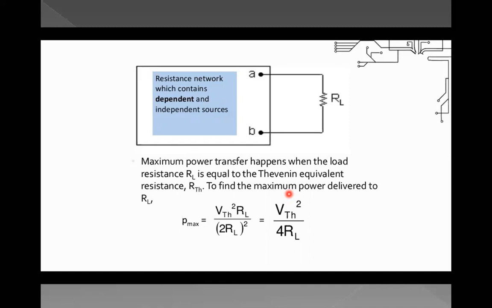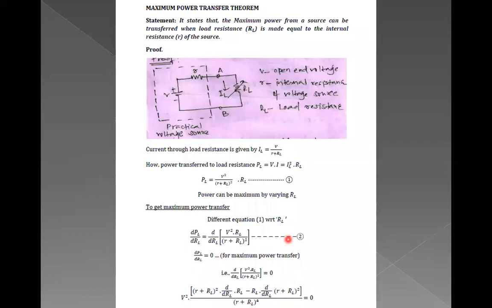So to find the maximum power delivered to RL, the maximum power we will get as VTH square into RL divided by (2RL) whole square, or we can say the maximum power equation comes like VTH square divided by 4RL. Let's understand once again the statement for the maximum power, and we will prove that the value of maximum power should be V square by 4RL.